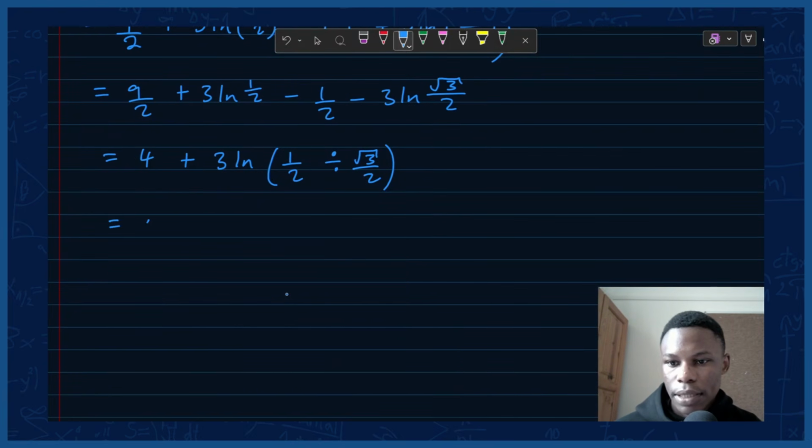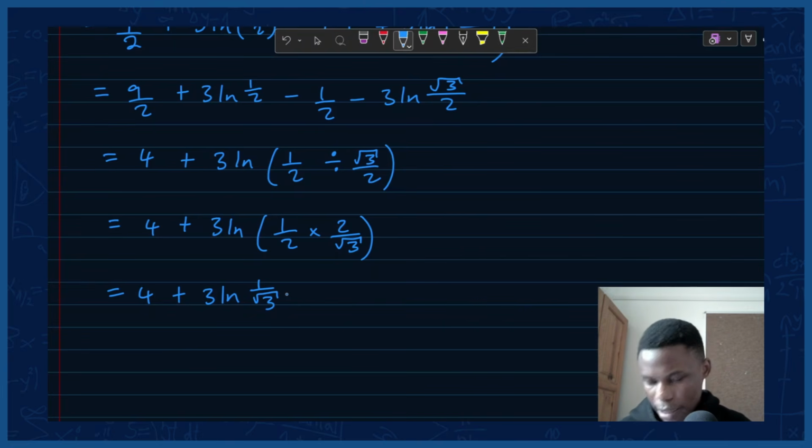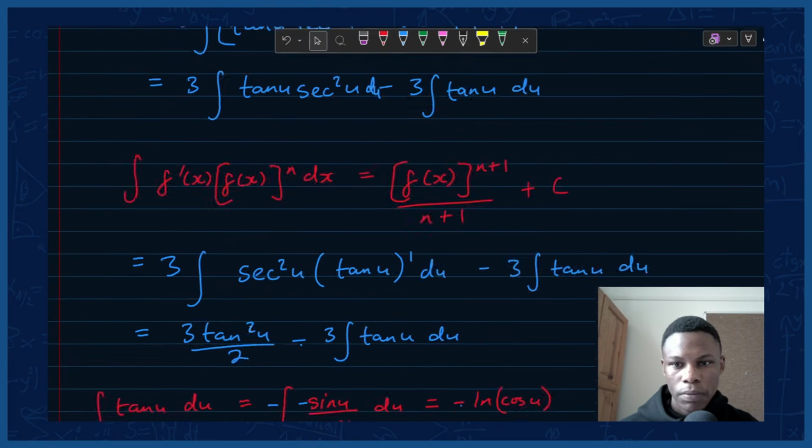And so this is 4 plus 3 ln, division, so I can change to multiplication and flip the fraction, which gives me 4 plus 3 ln 1 over root 3, which is root 3 over 3, but we can leave it like that unless they specified a more precise form.